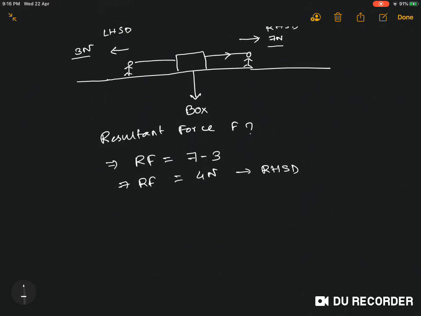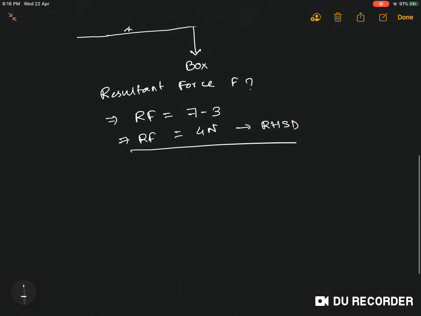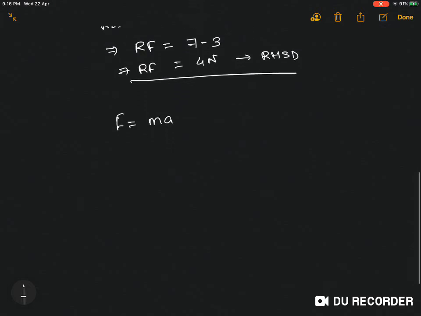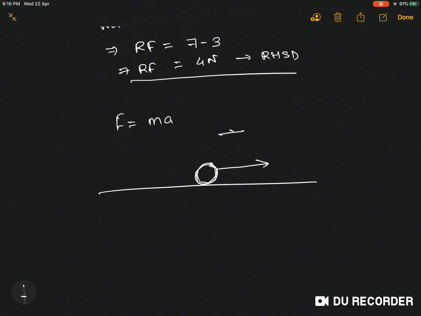Okay, I hope it makes sense, but I need to elaborate this further. Again, I'm going to write F = ma. Now let's say here I have a particle, and this particle is moving with a constant acceleration a.